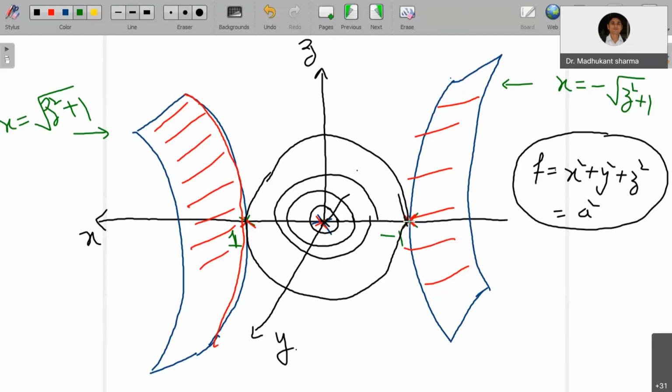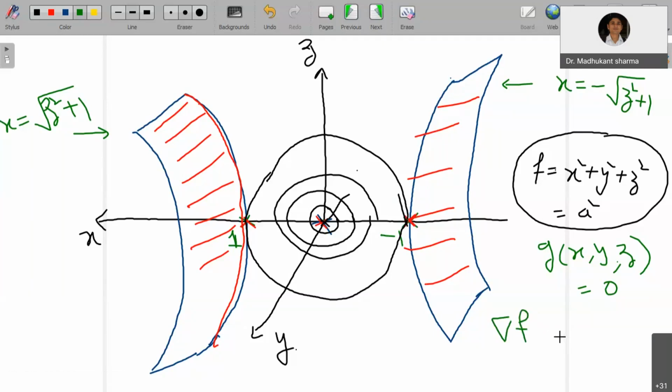The surface is x square minus z square equal to 1. The variables are subject to the constraint g of x, y, z equals 0. At the point which will be closest, where the sphere touches the surface, the normals to both surfaces will be parallel.